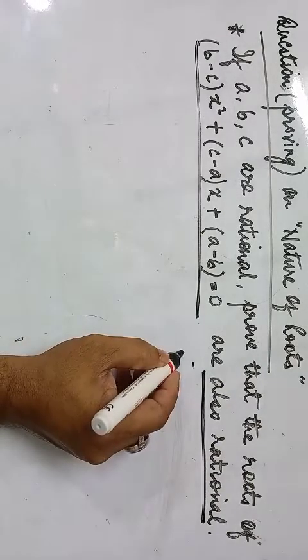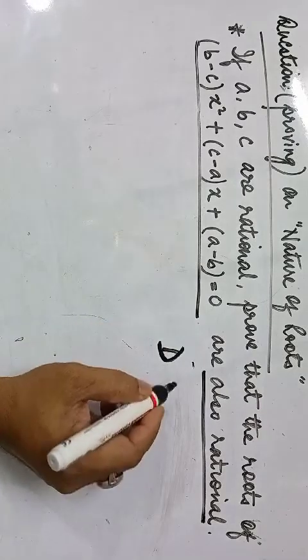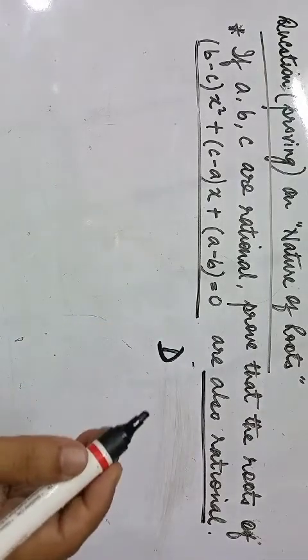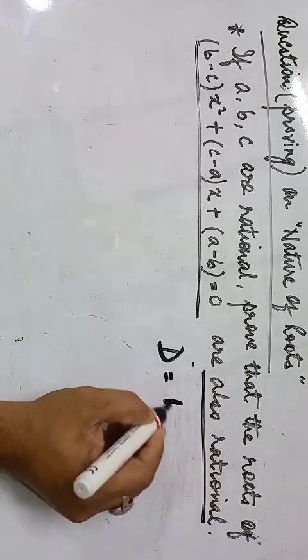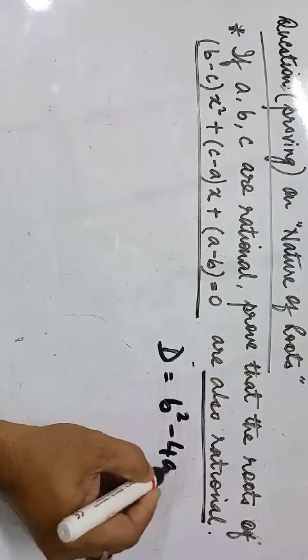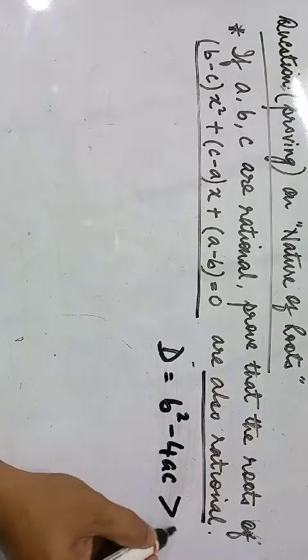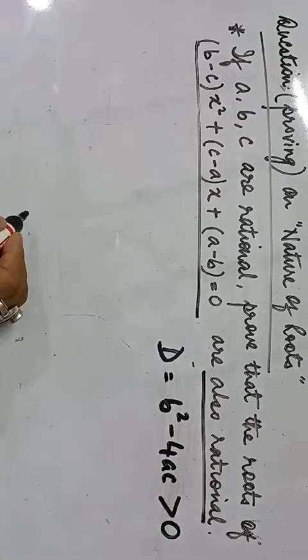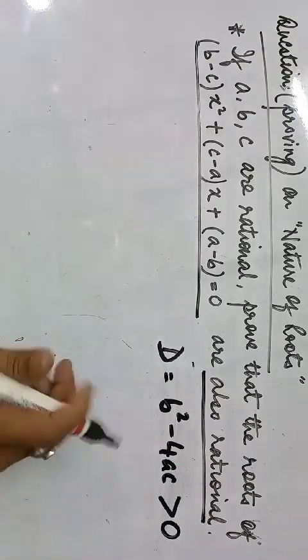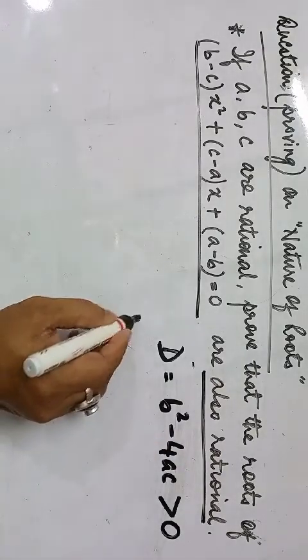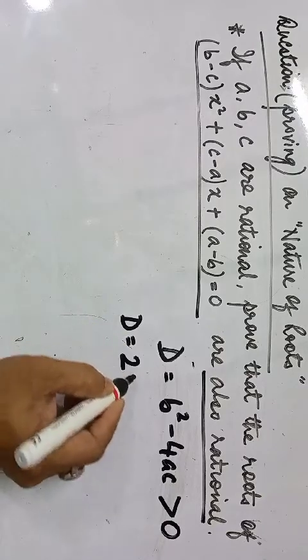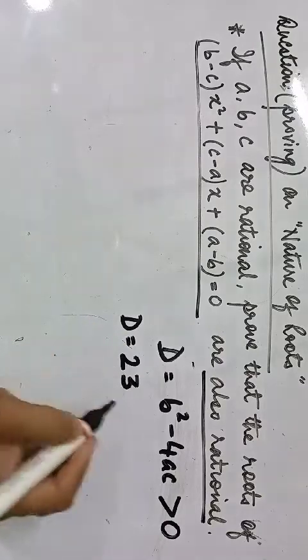So if you remember, children, that D portion, which was the portion in the under root sign, which was b square minus 4ac, you cannot simply say that this has to be greater than 0 for your roots to be rational. Because you see, if it is greater than 0, let's say for example my discriminant value comes out to be, let's say, 23.